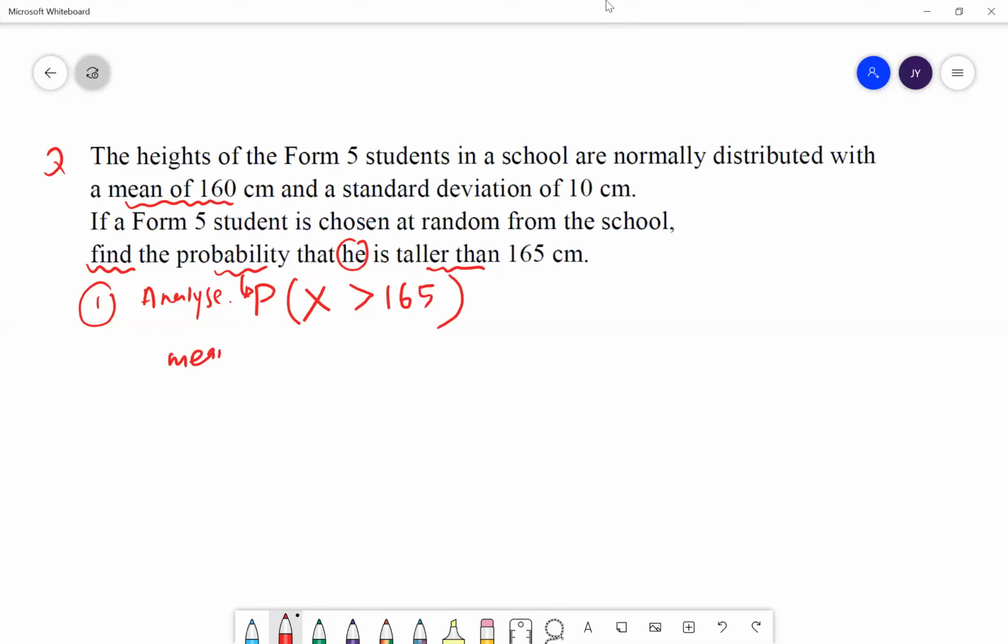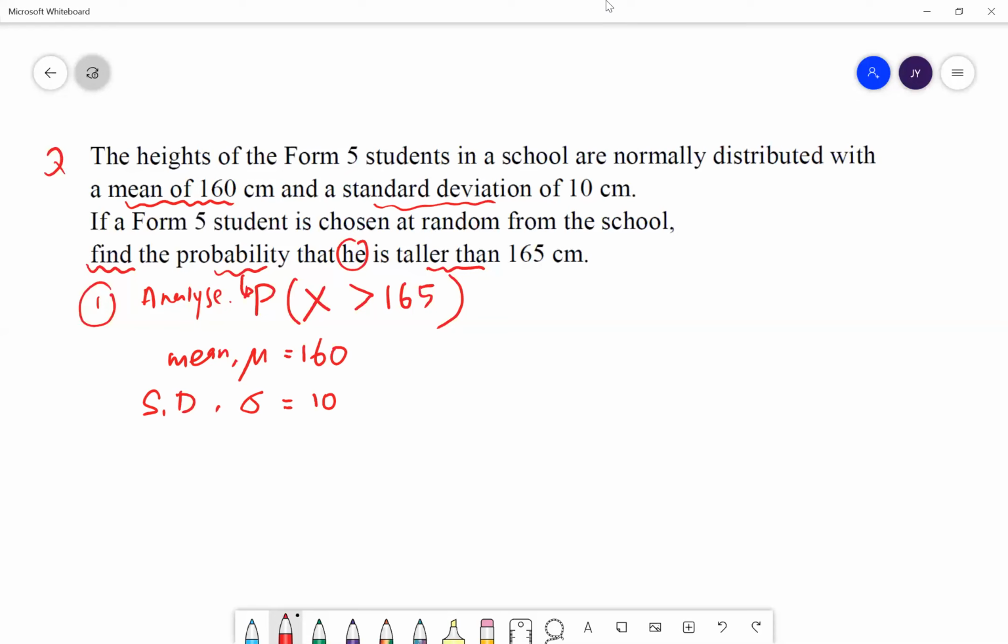The symbol of mean is this. Mean is 160. And a standard deviation, the symbol of standard deviation is this, is 10 cm. Okay, that's all.